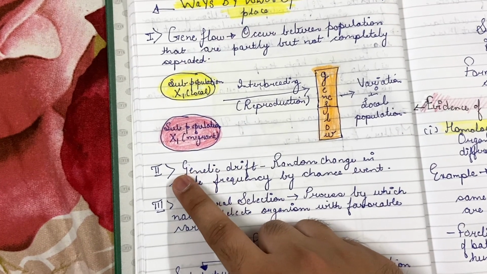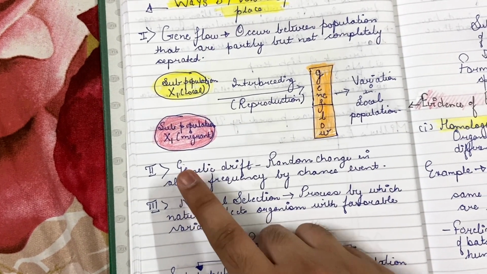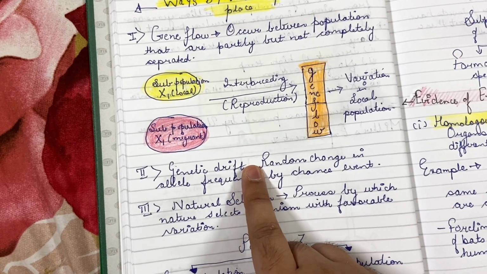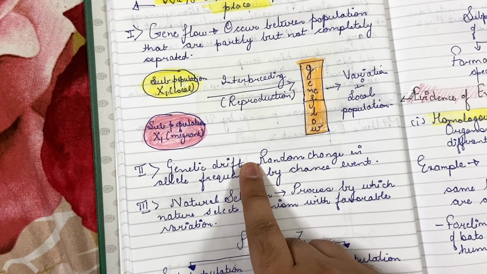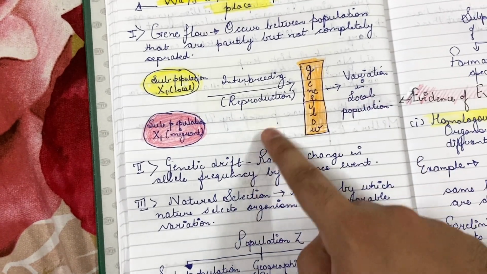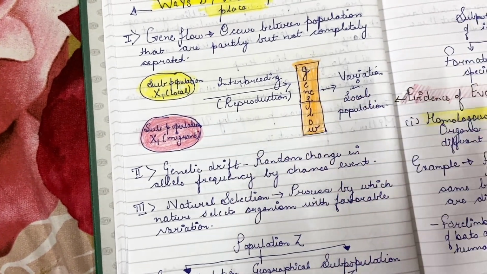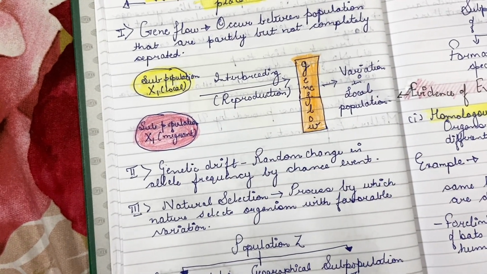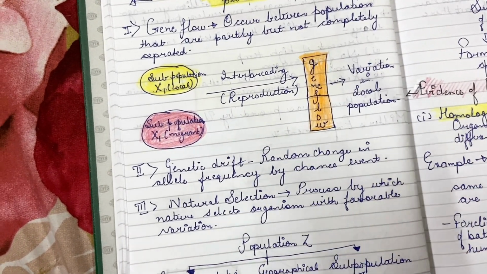The second factor which can lead to speciation is genetic drift. We learned about genetic drift earlier in the example where an elephant kept its foot on the blue beetles and red beetles, and as a result all the red beetles died and only the blue beetles survived.